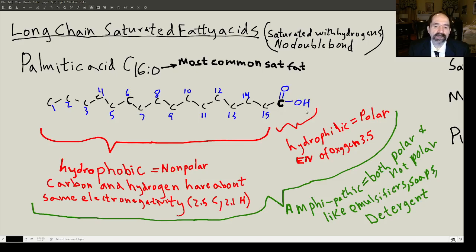It's one of the most electron-hungry elements there is. Versus now the long hydrocarbon tail of hydrogens and carbons, which is nonpolar because the electronegativity of carbon, about 2.5, is about the same as that of hydrogen, about 2.1. So those are nonpolar bonds.